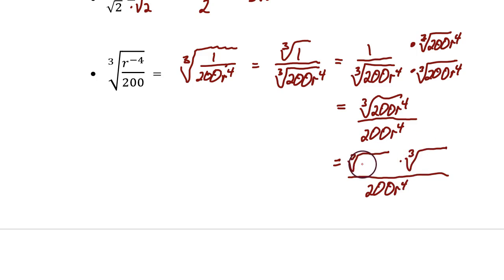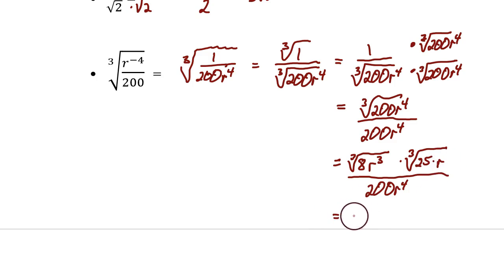Now what perfect cube is a factor of 200? That number is 8. 8 times 25 is 200. Now let's look at the variable term, r to the fourth power. Because this power is greater than or equal to the root, we can factor it as r to the third power times r.